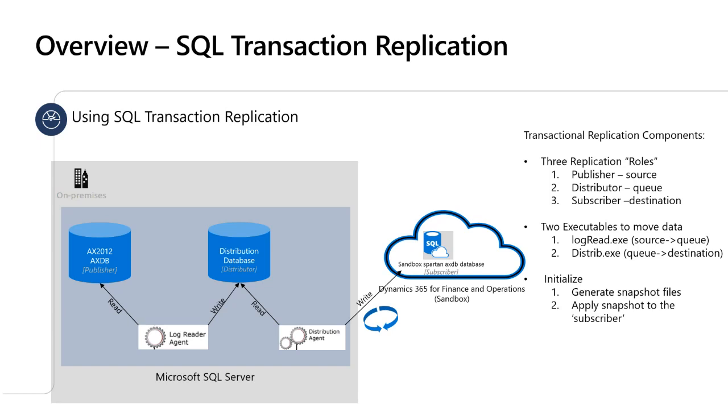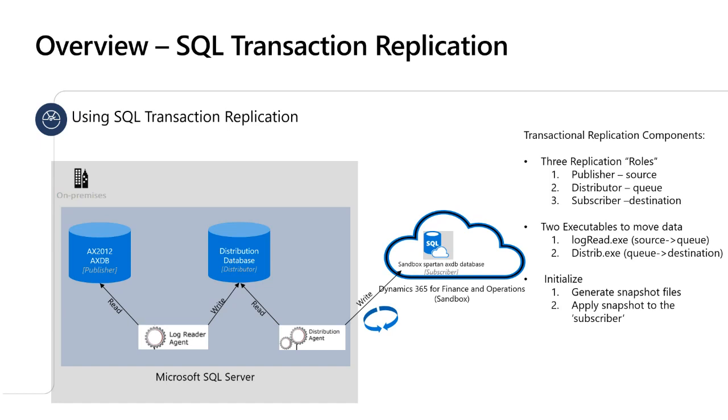Then we have two executables that are important to understand and monitor. One is the replication log reader agent. It's an executable that monitors the transaction log of each database configured for transaction replication and copies the transactions marked for replication from the transaction log into the distribution database.